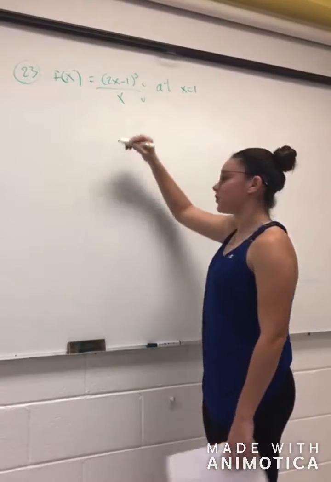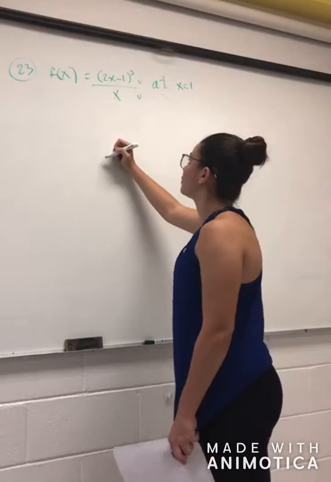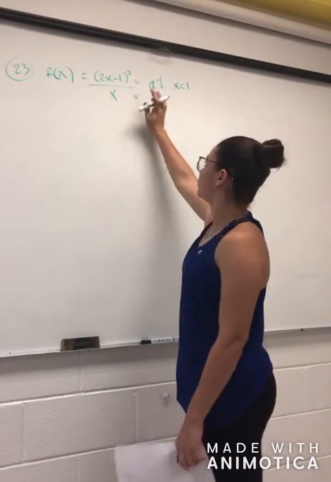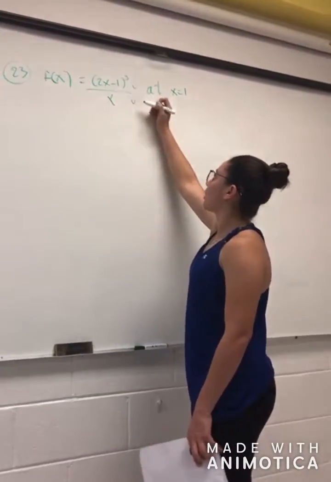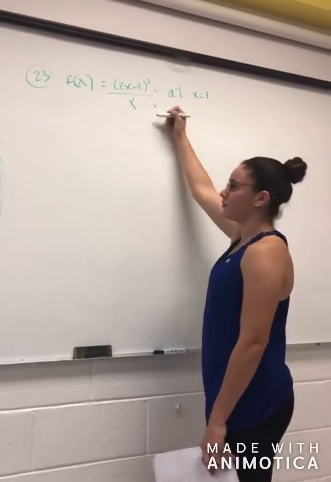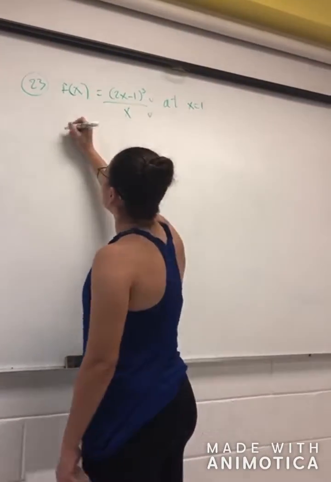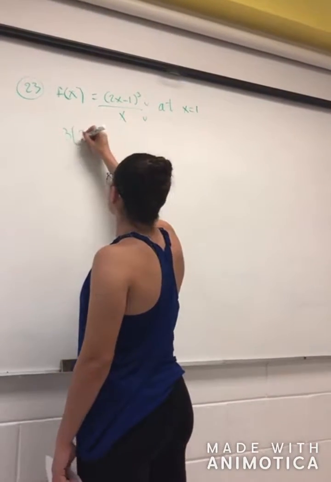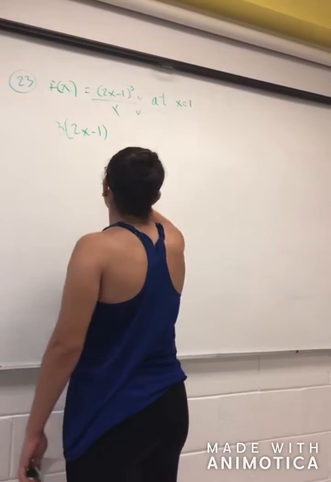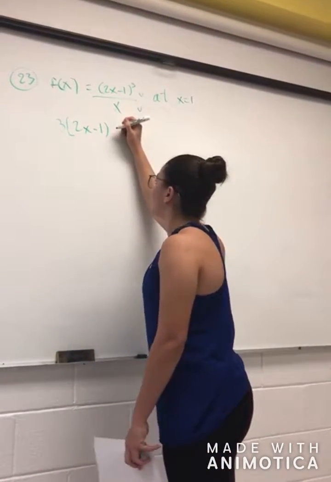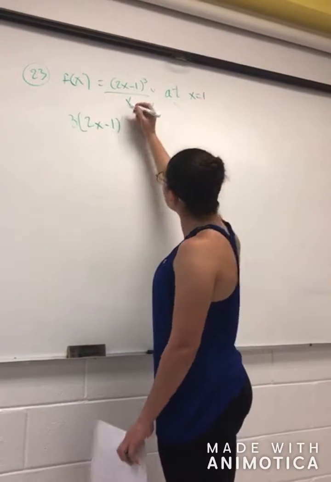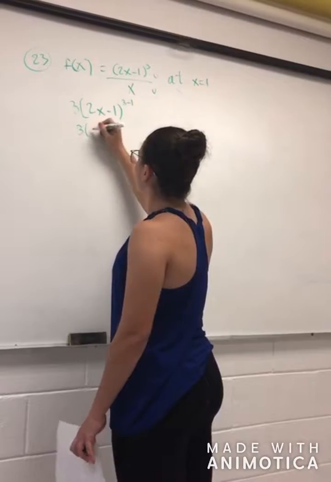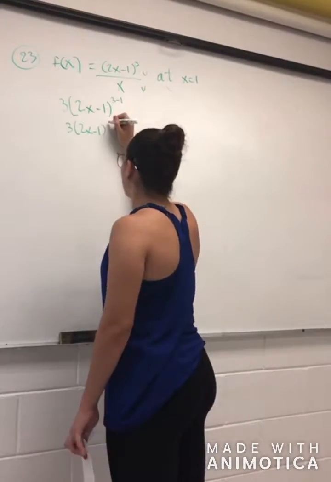This is problem number 23, and to resolve this equation, the first step is to derive these two, and remember that this is the u and this is the v. So the first step is the 3 goes to the front, multiplying 2x minus 1, but in the basic formula we need to subtract 1, so it's 3 minus 1. It stays 3 multiplying 2x minus 1 to the power of 2.